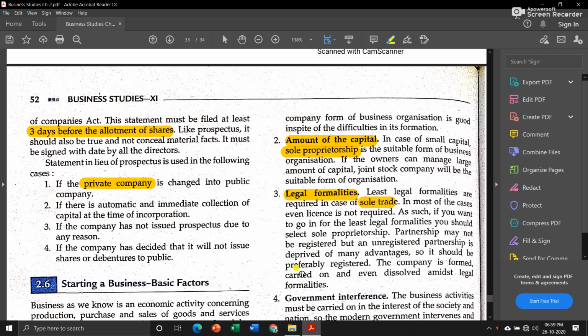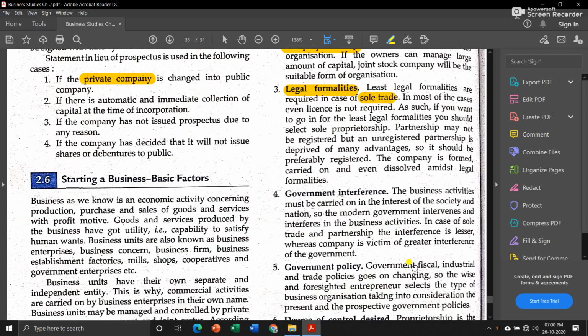The company is formed, carried on, and even dissolved amidst legal formalities. But if you want to go through legal formalities, then a company or registered partnership form of business is good for you. Then government interference. The business activities must be carried on in the interest of the society and nation. So the modern government intervenes and interferes in business activities.